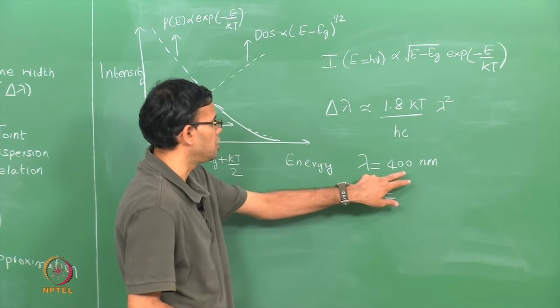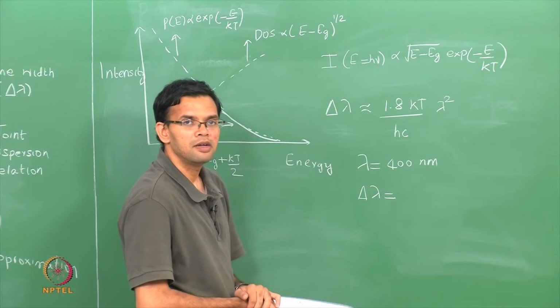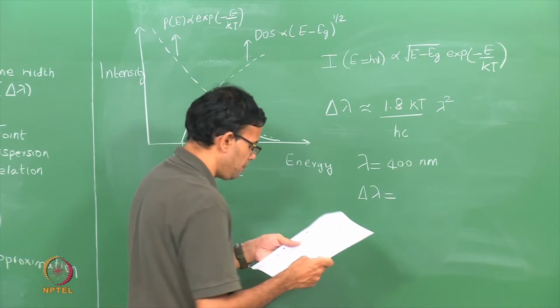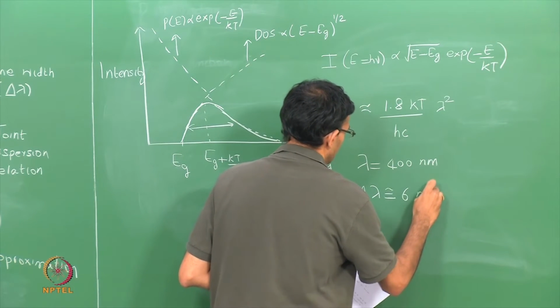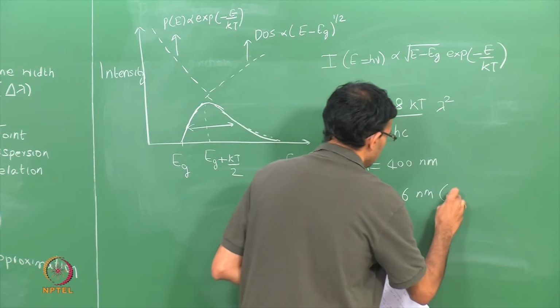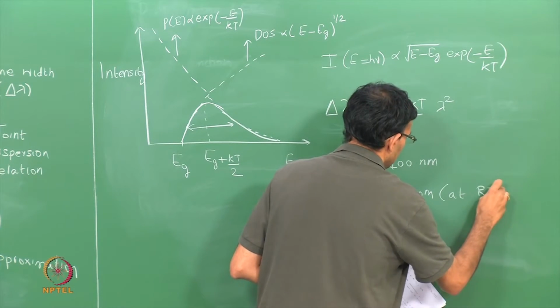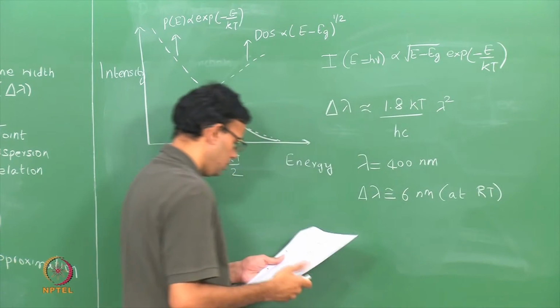This is just by substituting this here, and we take temperature to be room temperature. So delta lambda is approximately 6 nanometers at room temperature.